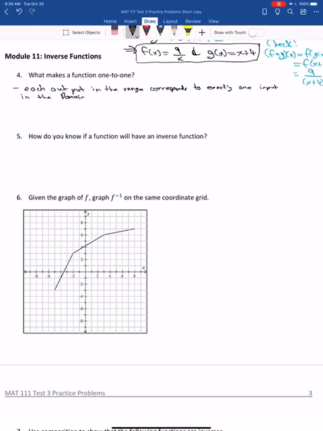Right? So with that said, the inputs and the outputs do not repeat. So you shouldn't see any repeated inputs. We talked about that with functions. And the same thing now goes for the outputs.